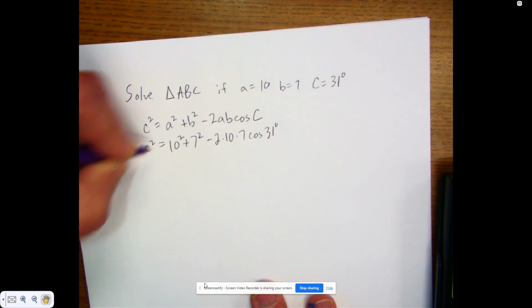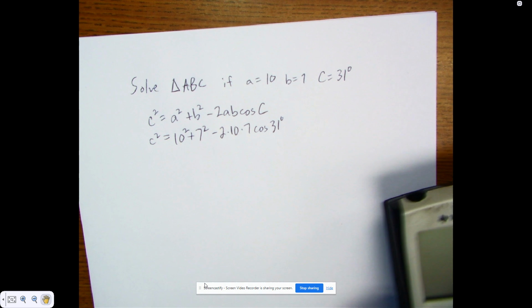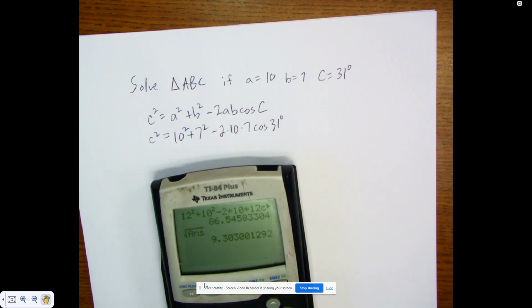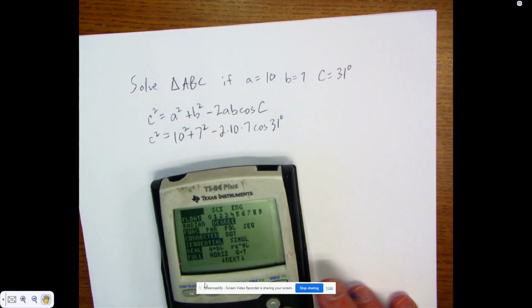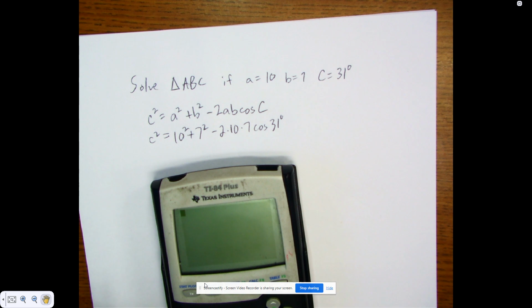And we can get out our calculator, and we'll make sure that we're in degree mode, and we are. So we're going to hit 10 squared plus 7 squared minus 2 times 10 times 7 times the cosine of 31.